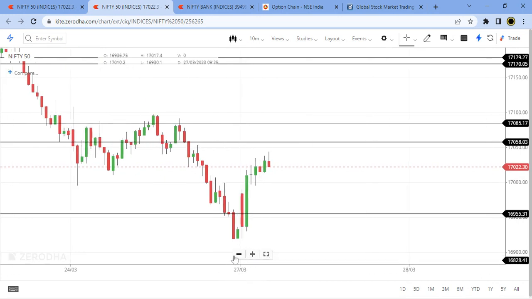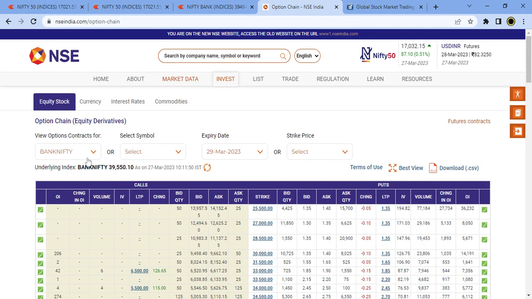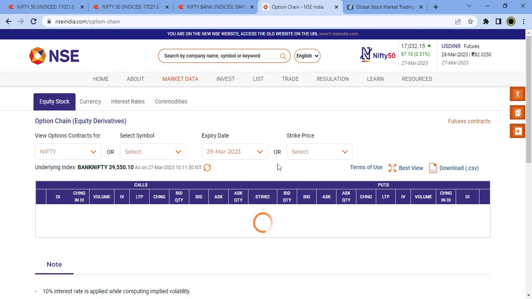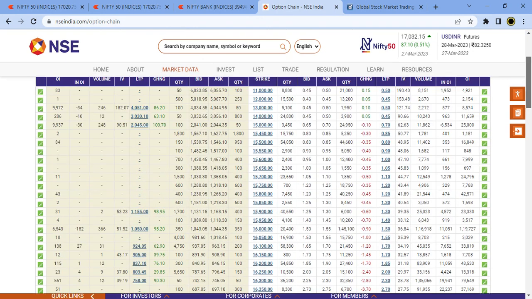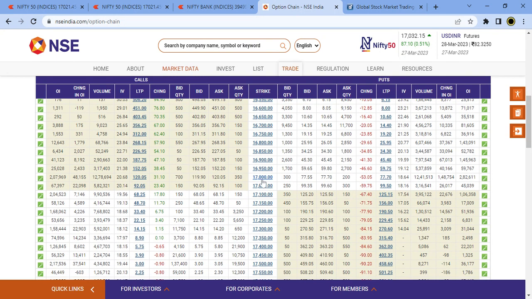So let's look at the option chain data. At 17,000, 2 lakh calls, 2 lakh 82.